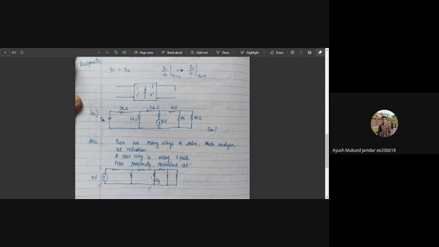Based on these two setups, first I'll have the ratio Ix by 5V, second the ratio Iy by 5V, and I can just equate the ratios since they are Y parameters, and easily get the value of Ix. In the second network we have Iy, which can be easily calculated since the rest of the circuit is just a resistive network that we can simplify using standard methods, and that is much easier to solve, in my opinion. So that should simplify the work.